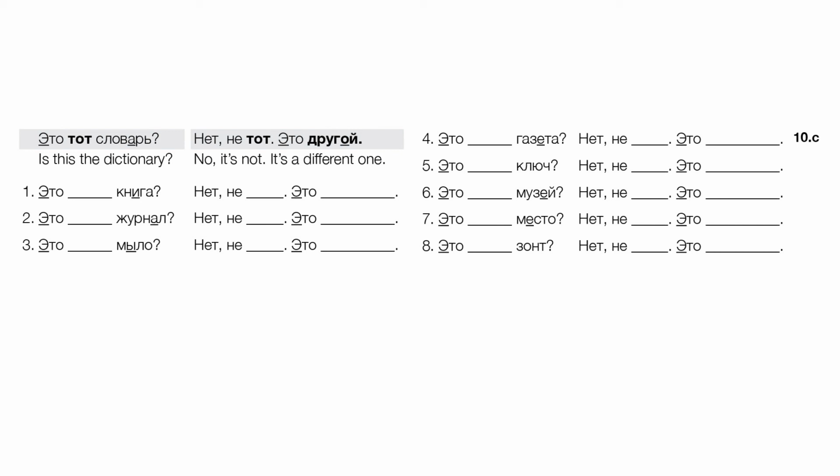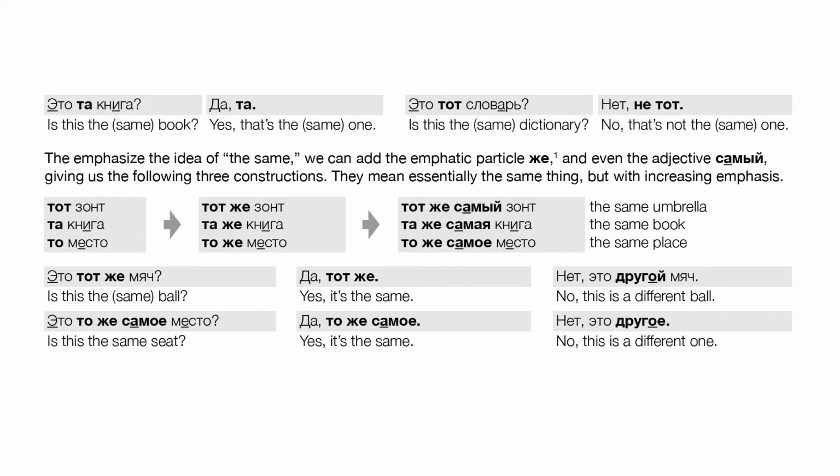Okay, we can similarly say the same one versus a different one using a similar construction with тот. Again, look these over. Это та книга. Да, та. Это тот словарь. Нет, не тот. Right, so we kind of practiced that here already. Now, if we want to emphasize that something is the same, right, the very same, we can add an emphatic particle, же.